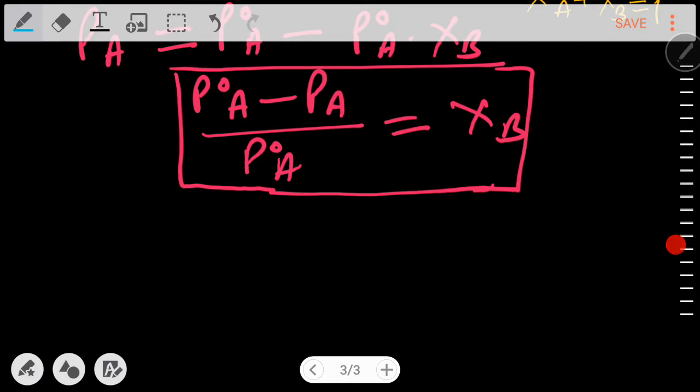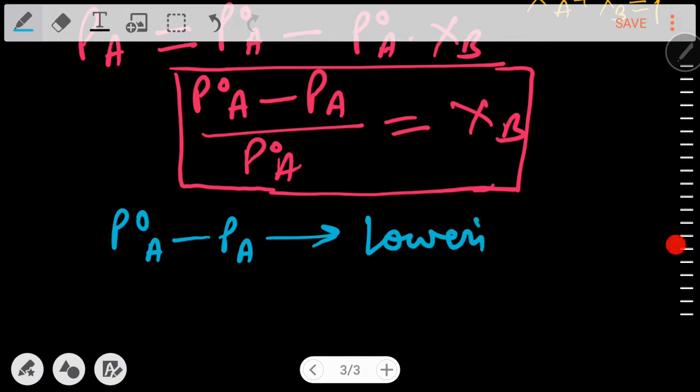Here P naught A minus Pa represents lowering in vapor pressure, means after adding the non-volatile solute the vapor pressure is lowered. P naught A is the vapor pressure of pure solvent and Pa is the vapor pressure of solution.